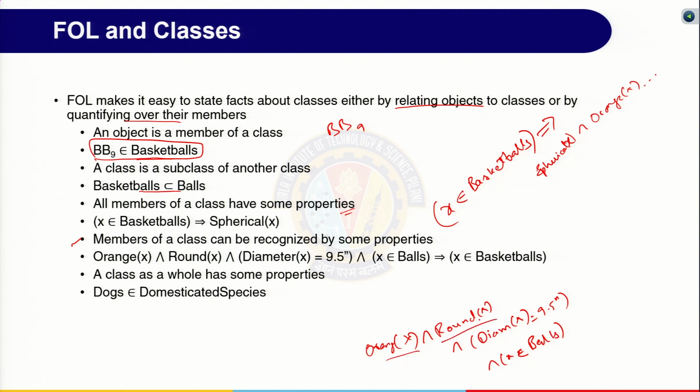If I define properties for an object, this can also contribute to defining a class basketballs. This would imply that X is a member of basketballs.